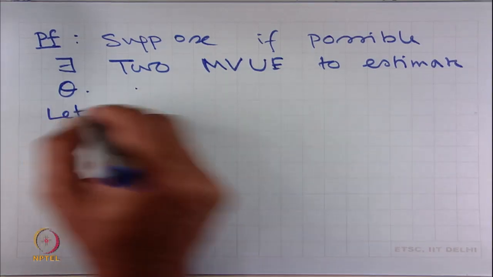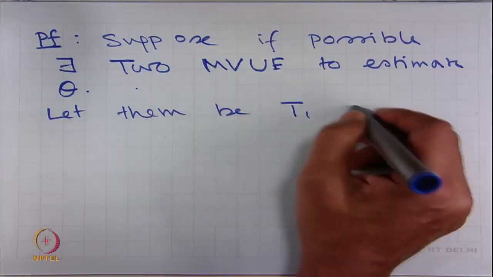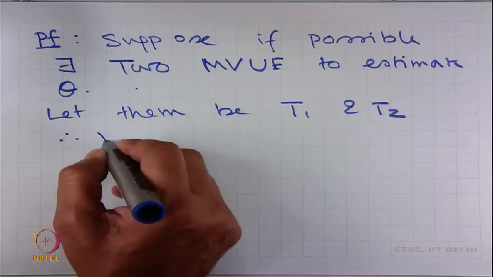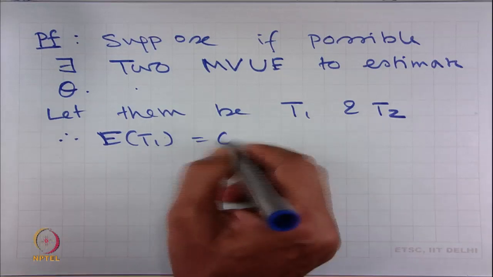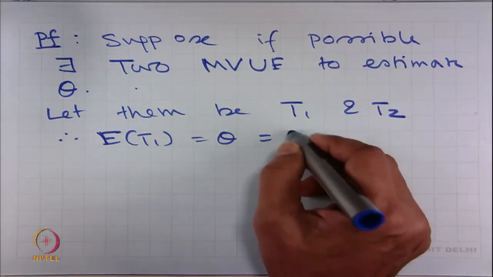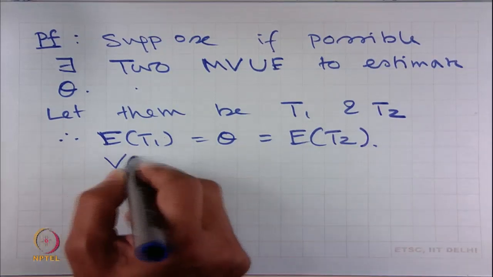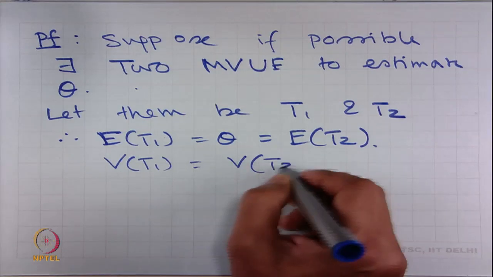Let them be T1 and T2. Therefore, expected value of T1 is equal to theta is equal to expected value of T2, and variance of T1 is equal to variance of T2.